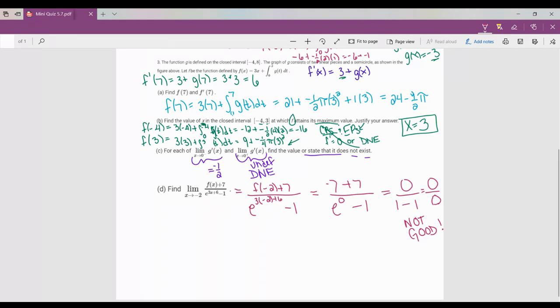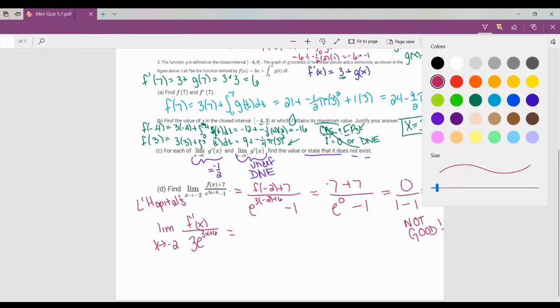So now I have to rely on L'Hopital's rule, which says I can also do the limit as x approaches -2 of the derivative of the top, f prime of x, over the derivative of the bottom, which is e to the 3x plus 6 times the derivative of that exponent, which is 3, and then the derivative of 1 is 0. And then I replug back in -2.